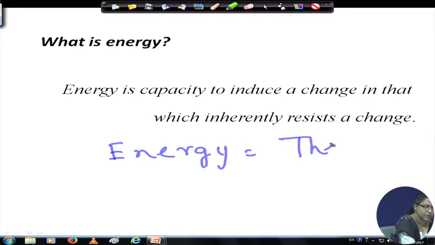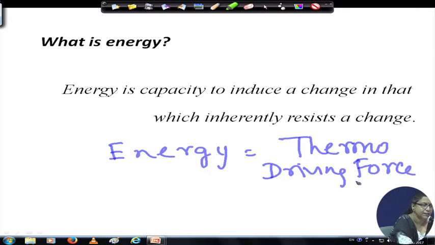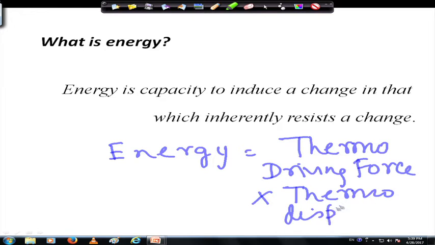The first term is a thermodynamic driving force, which inherently overcomes the change which a system provides to resist a change, and once that change is overcome, this driving force brings about a displacement of the system in the direction of the driving force.